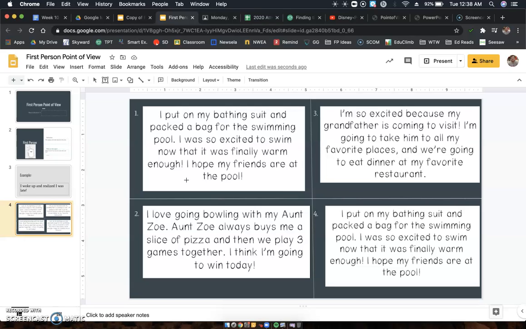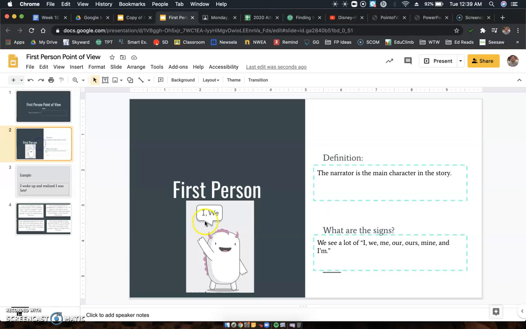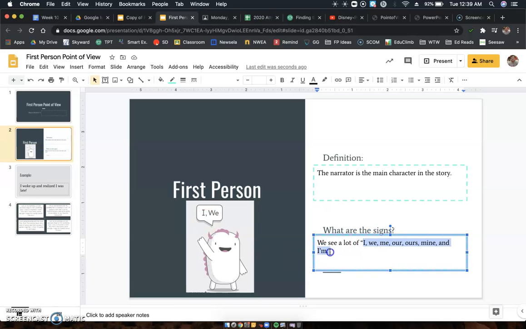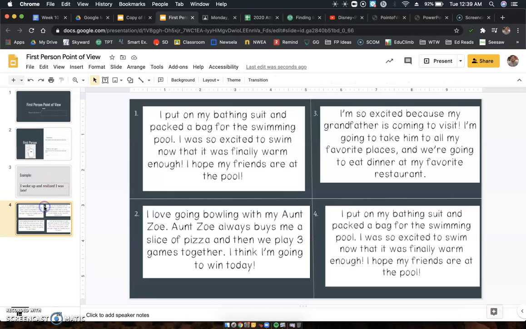Let's look at this first sentence: I put on my bathing suit and packed a bag for the swimming pool. Are there any words in that first sentence that might give us a clue that this is first person? The first one I see is I. That is a very important one. So I'm going to do a circle.